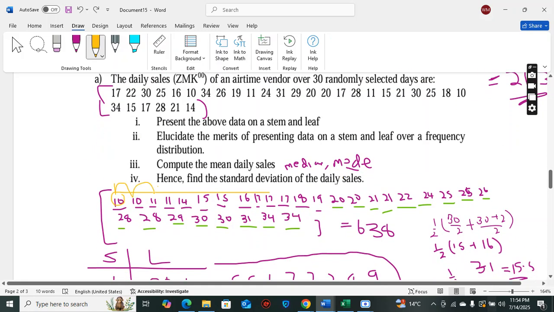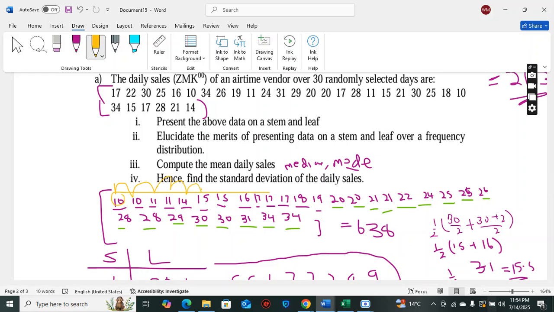Again: 1, 2, 3, 4, 5, 6, 7, 8, 9, 10, 11, 12, 13, 14, 15. So the 15.5 position is here.